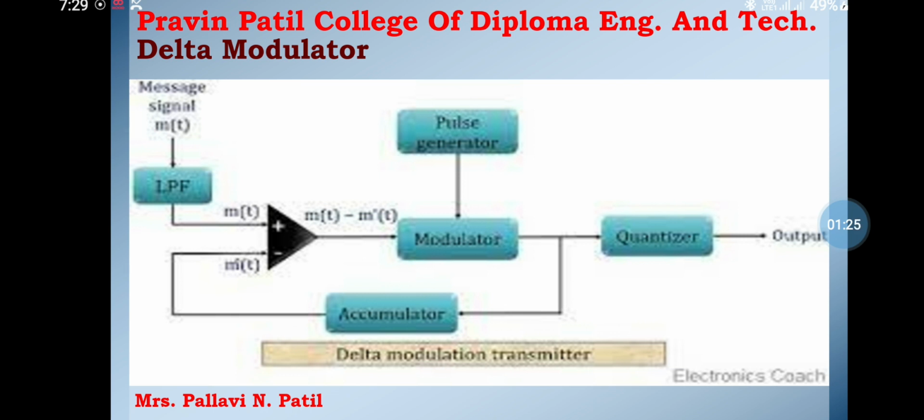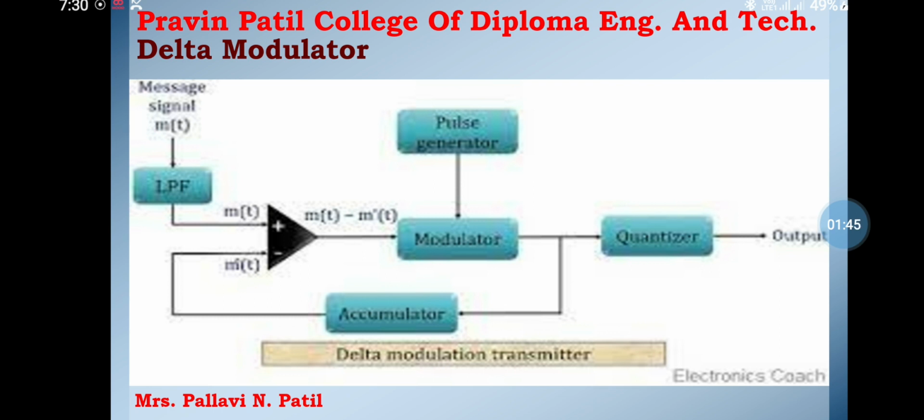In delta modulation, the transmitted data is reduced to a 1-bit data stream. This practical is designed to explain how different types of information signals which occur in nature can be converted to digital form.